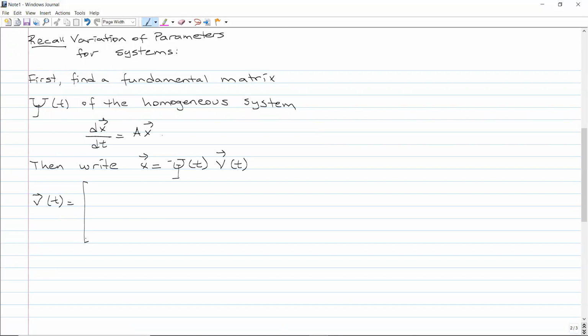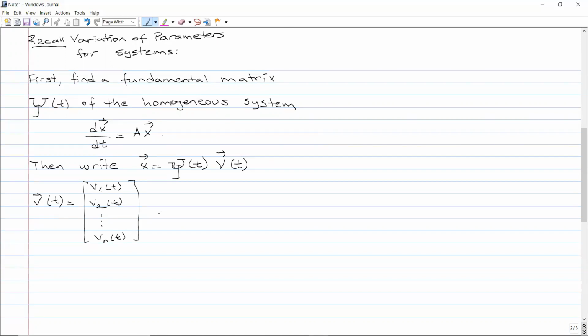In general, when you write the solution of the homogeneous system, you take your fundamental matrix and multiply it with constants c1, c2, ..., cn. But for variation of parameters, instead of constants, we take functions v1(t), v2(t), ..., vn(t).